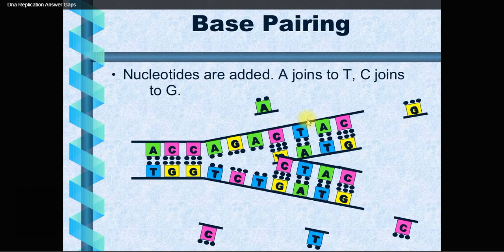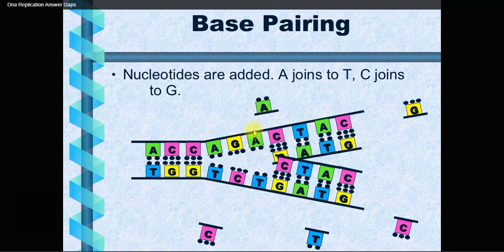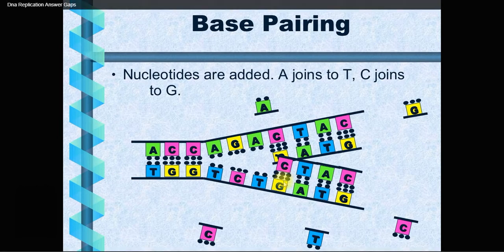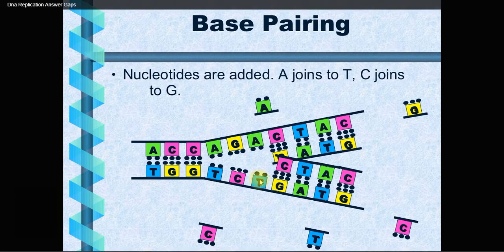According to the Watson and Crick DNA model, adenine is always paired with thymine with a double hydrogen bond, while cytosine is always paired with guanine. As you can see in this diagram, cytosine is always paired with guanine. So for example, if the original strand reads AGCT, the new strand will be TCGA, and DNA is always synthesized in the 5' to 3' direction.